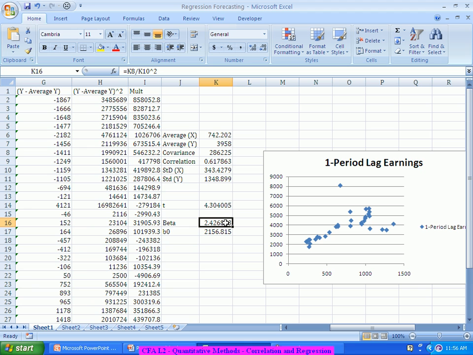Now when I am trying to find b naught, again it is y average minus b1, which is the beta, times x average. Now I have the equation, y equal to 2156 plus 2.42 times x. Now the next part is, is 2.42 significant?